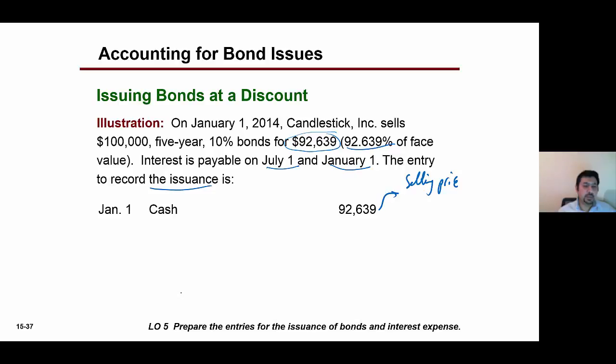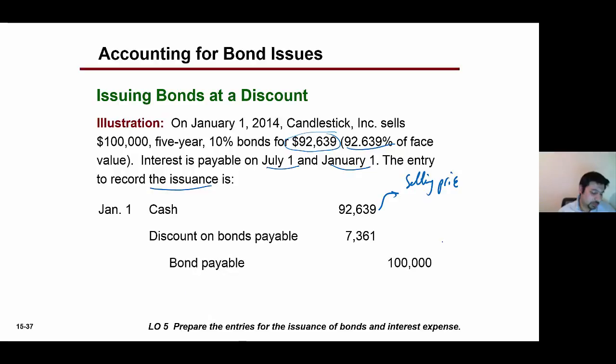The company will, at this point, also need to debit the discount, the difference. The company will also credit bonds payable, always at face value. So bonds payable is credited at face value. This amount here is the difference between the two.